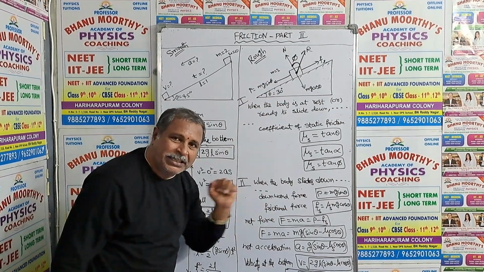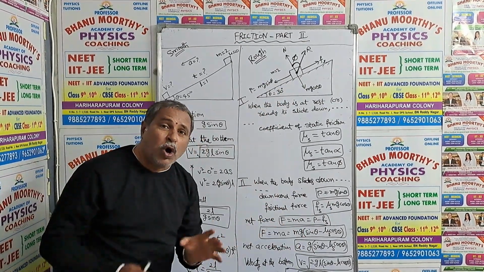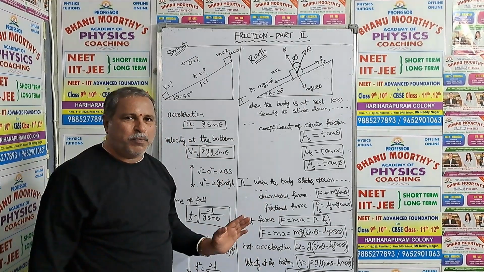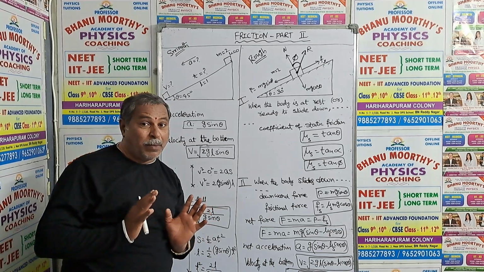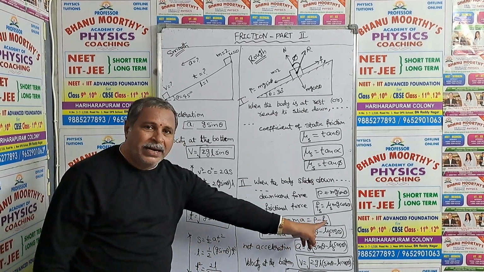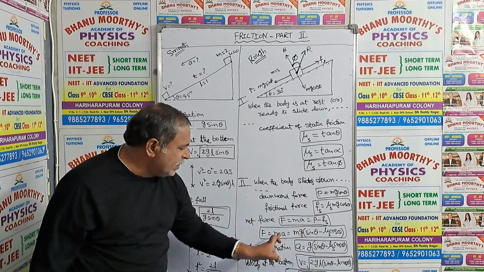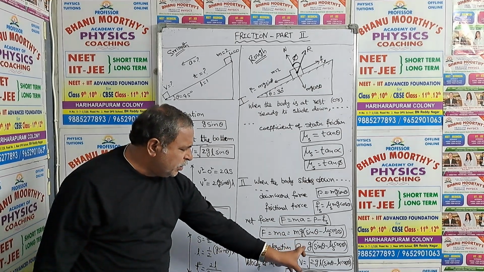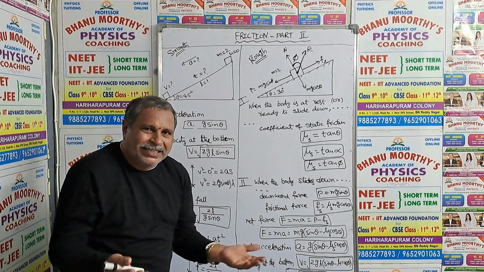So mu mg cos theta. The subtraction represents the net downward force. My dear students, remember this point. The net force acting on the block sliding downwards is P minus Fs. Dividing by mass, you get the acceleration of the block: g into sin theta minus mu s cos theta.